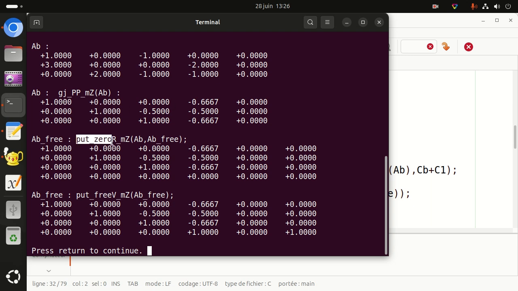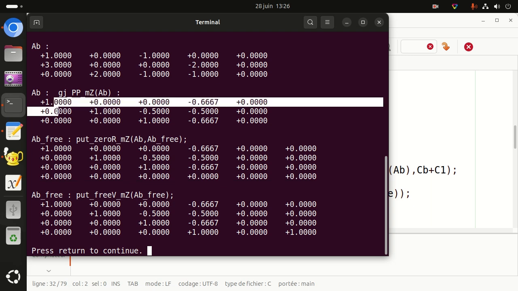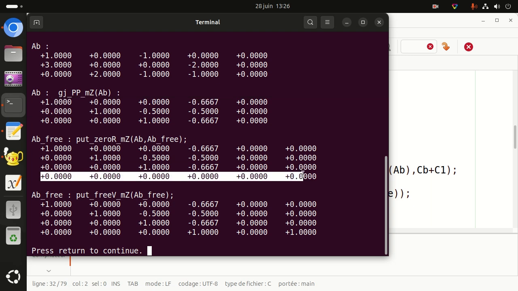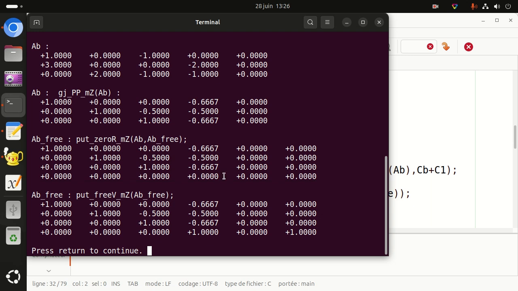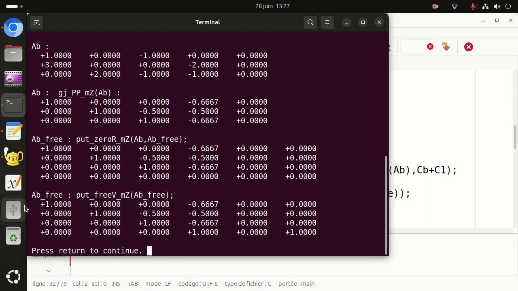So I put a new line into this system of linear equations. If I put this new line, I must put a new column for the free variable. This is a column for the free variable, and this is a line for the free variable. Now I put the free variable.